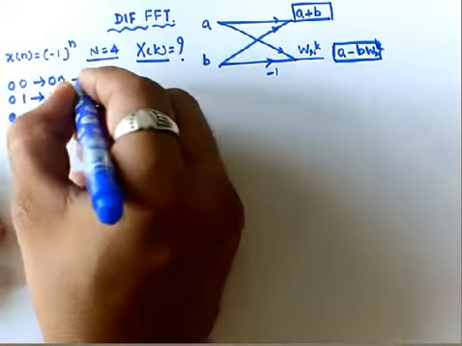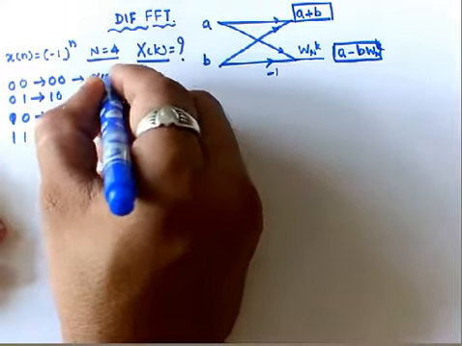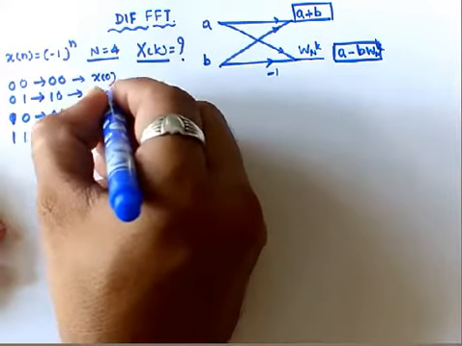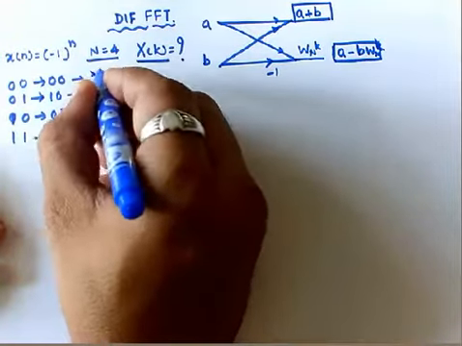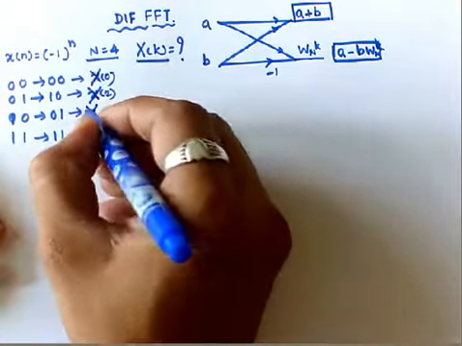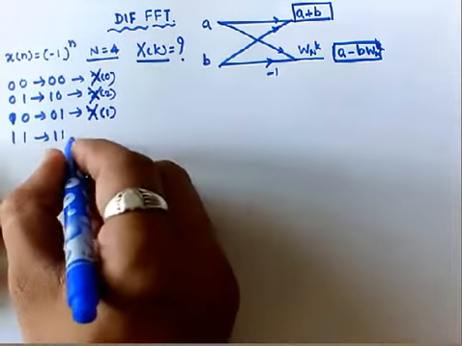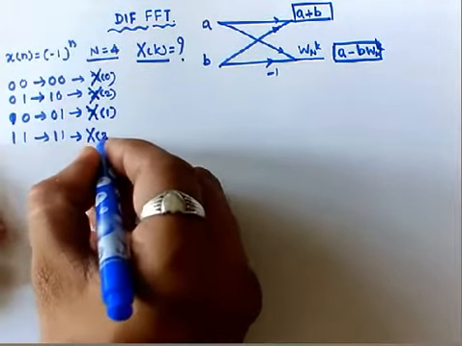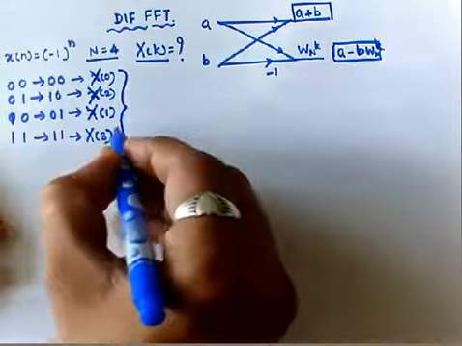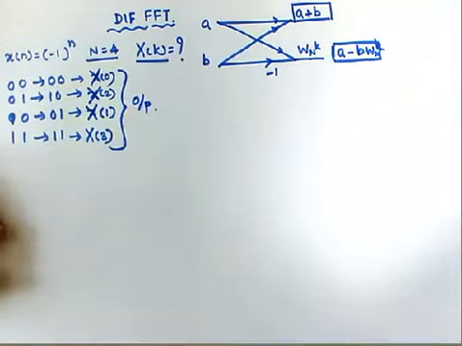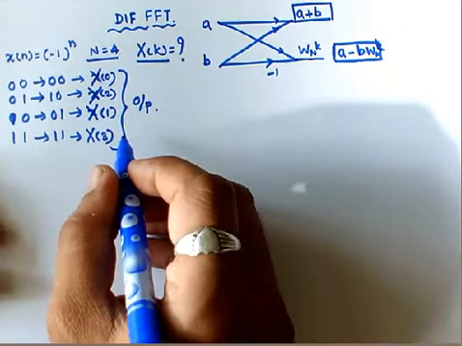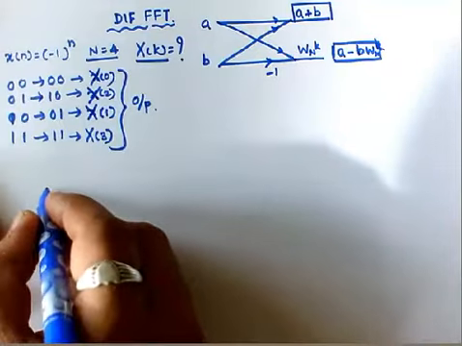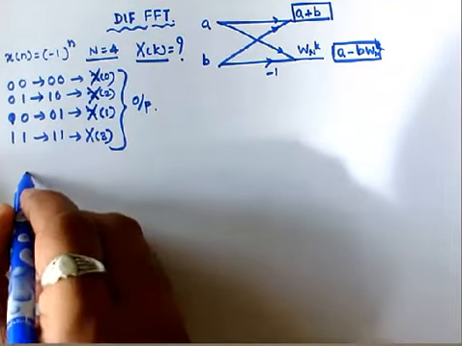So this is X of 0, this is X of 2, since 1 0 means it is 2, and let me write it capital X, this is X of 1, and finally this is X of 3. This is how the output sequence is shuffled in case of the DIF FFT algorithm, but the input will be in an arranged manner. So let's see how to write it.